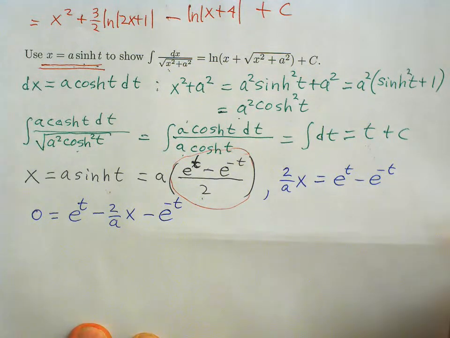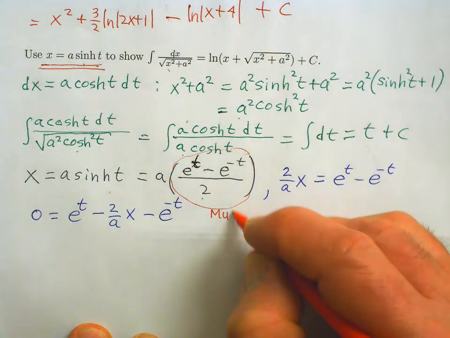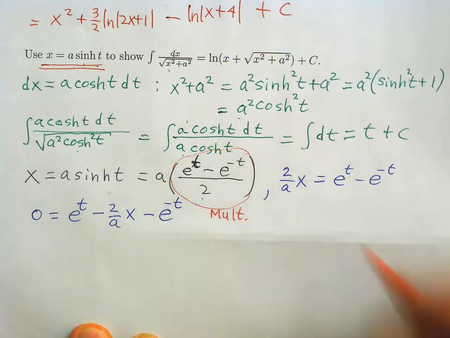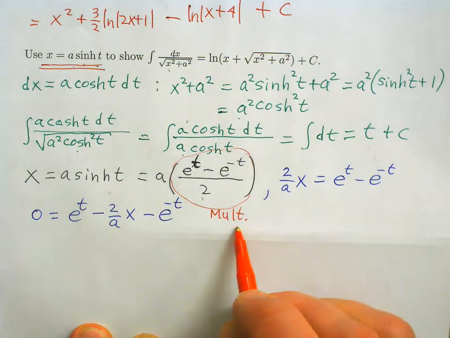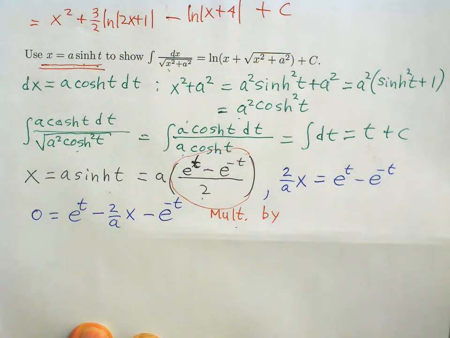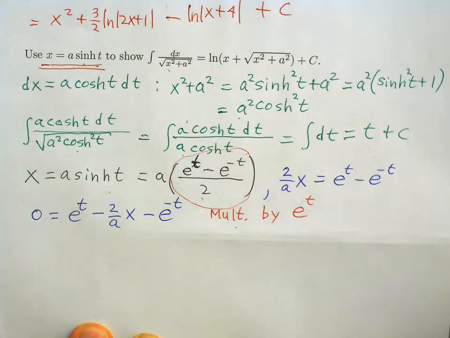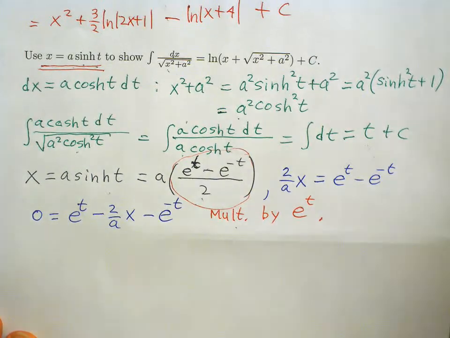Okay, now I'm going to multiply both sides by e to the t. I'll abbreviate that a little bit, but what I mean by this is multiply every term on both sides of the equation by e to the t. So the left-hand side, 0 times e to the t is still 0.